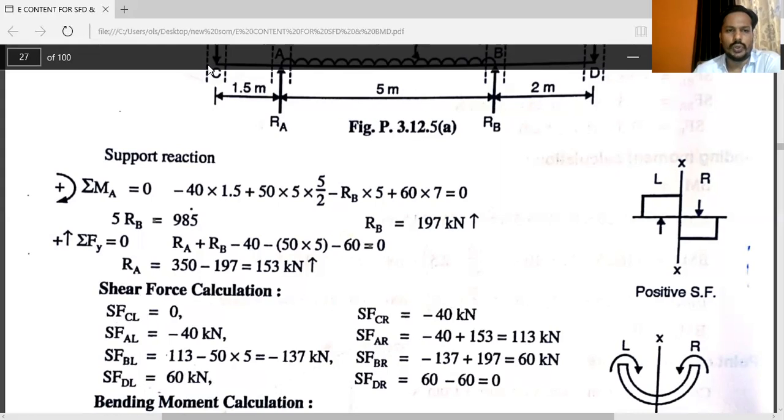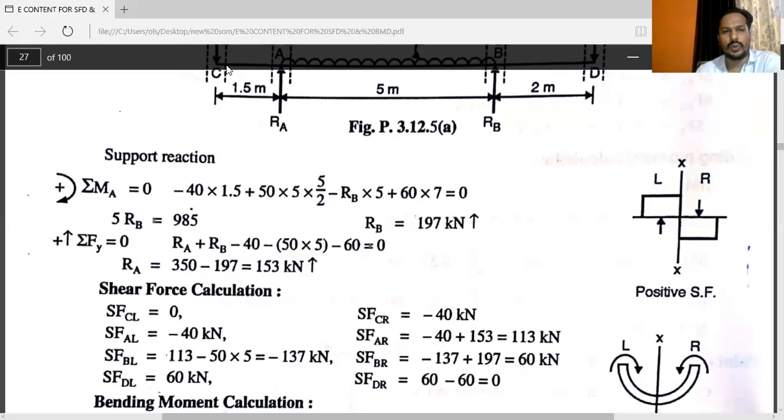So there is no force. See the cursor location. This is the section. Shear force at point C just to the left: there is no force at left. So shear force at C just to the left is 0.